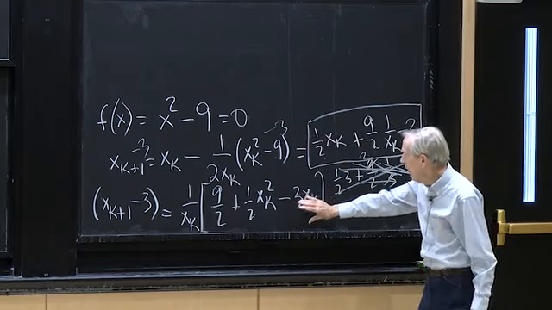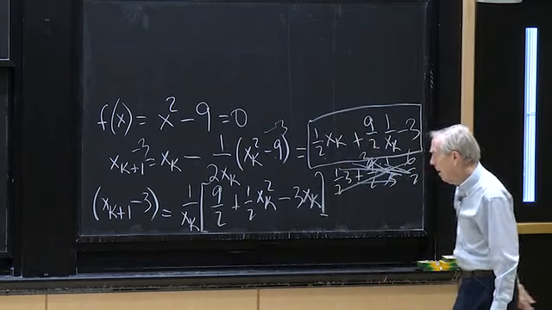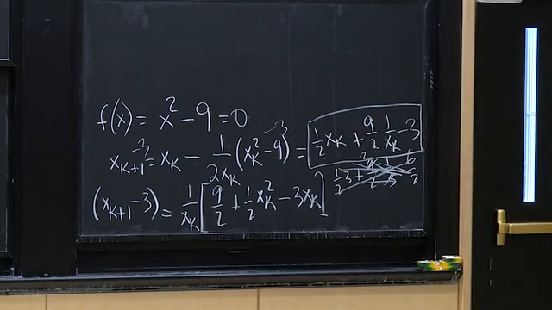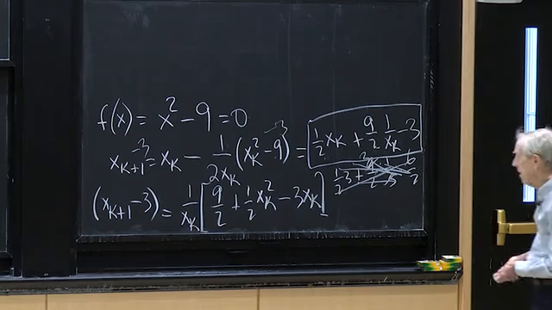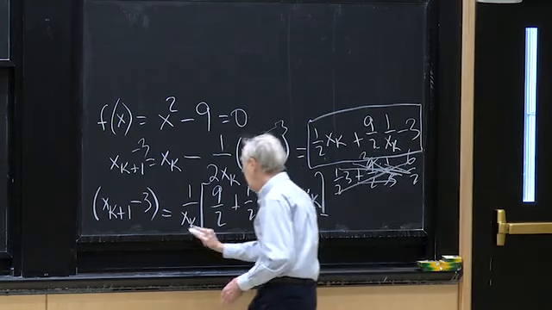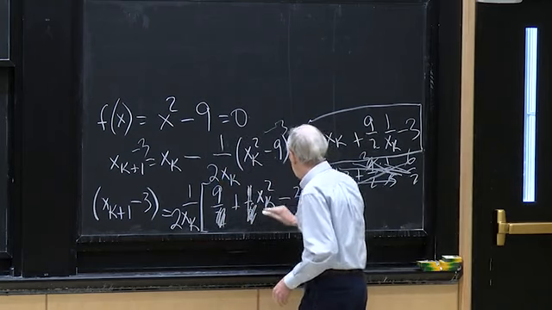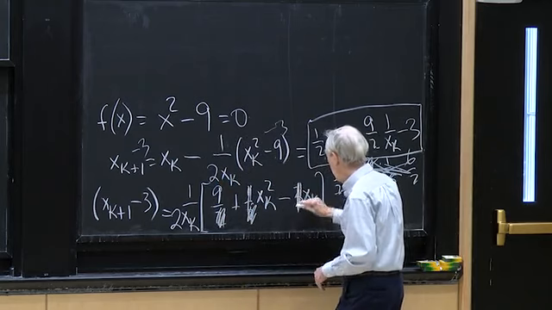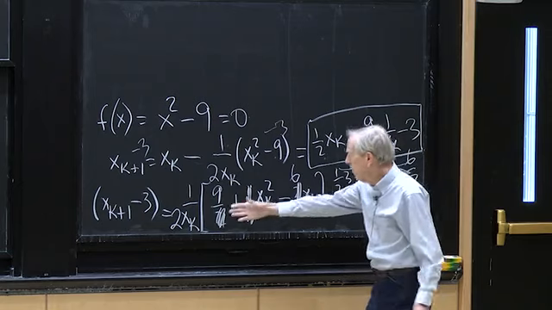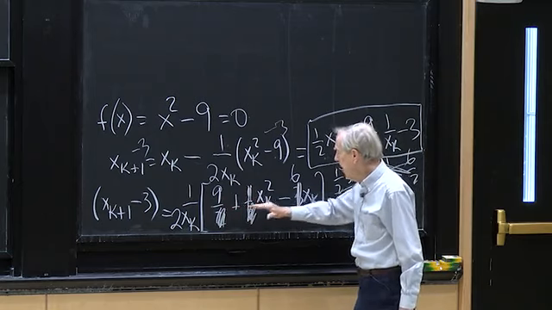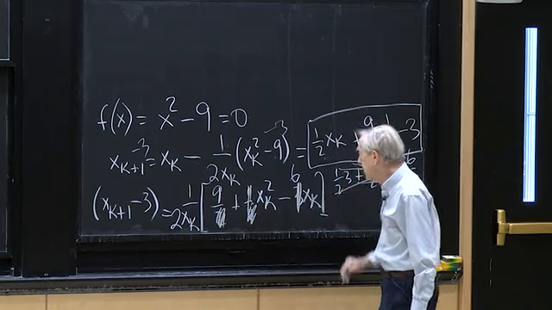So I claim that that's, now I've got it. And let me take out the 2. Forget these 2's, and make that a 6. So I have 1 over 2xk times 9 plus xk squared minus 6.